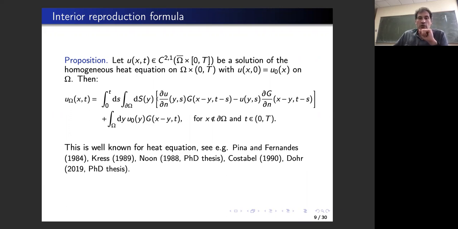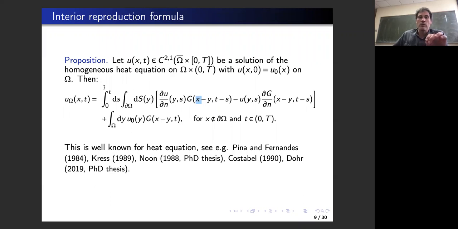So in the first term, what you see is a bunch of sources. Whenever you see G in here, this is really the field corresponding to a point source that is localized at Y and that fired at time S, okay? And you're observing that field at time T and at location X, okay?